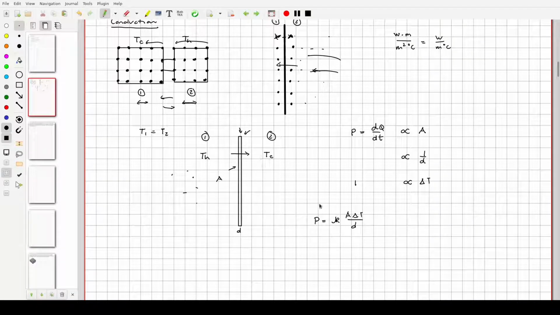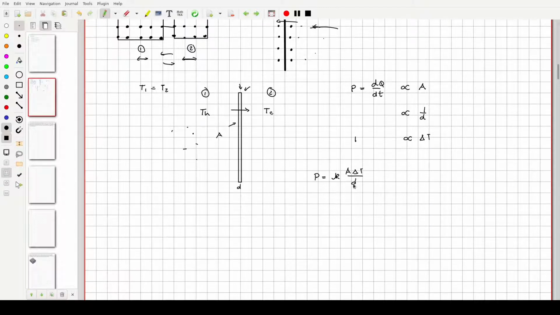Now, that said, there's another way that you can write this, more of an instantaneous view, and that is you put the minus sign in front to show the fact that delta T is negative in general, and you write it as minus K times A times dT/dx, dx being the thickness here, and dT being the difference in temperature.